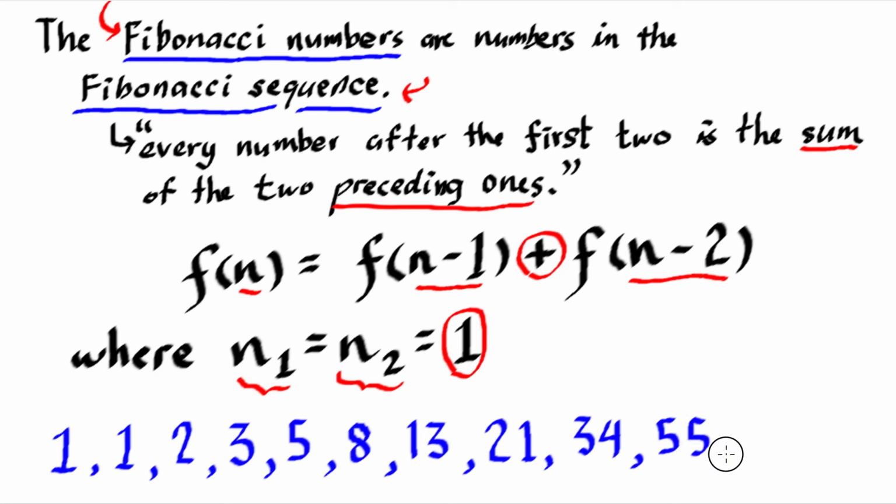Okay, we continue with this manner. 55 plus 34 is going to give us 89. And then we continue. I think this is the last one that can fit our screen. So 89 plus 55 is gonna give us what? 144, and then so on. Of course, it continues on and on.